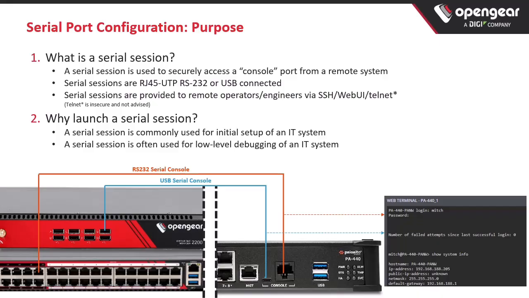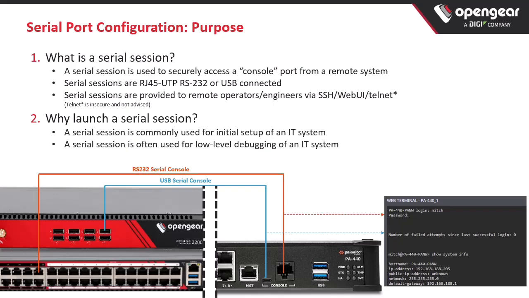Serial sessions are a command line driven type of interface and often used for initial setup as well as low-level debugging and troubleshooting when IP connectivity is failing due to switching loops, routing loops, IP conflict. Any number of issues can prevent an IP session from being successful, where serial sessions are very straightforward, very simple, very reliable.